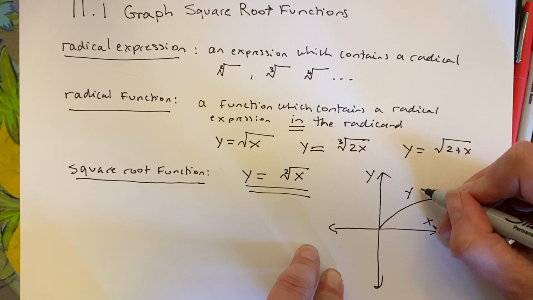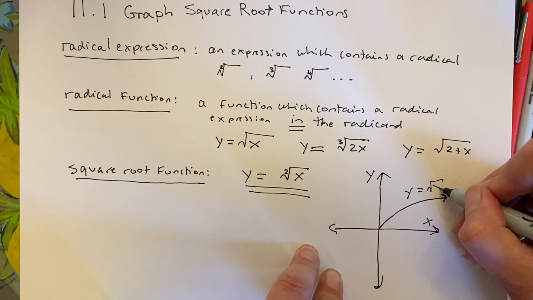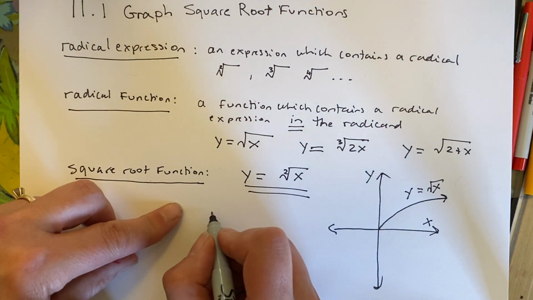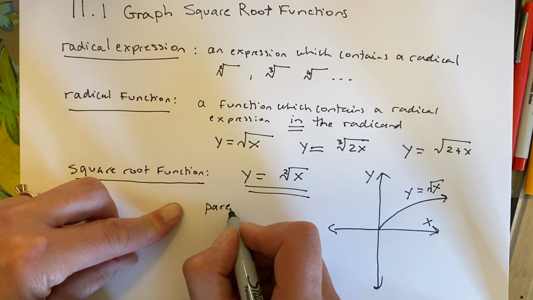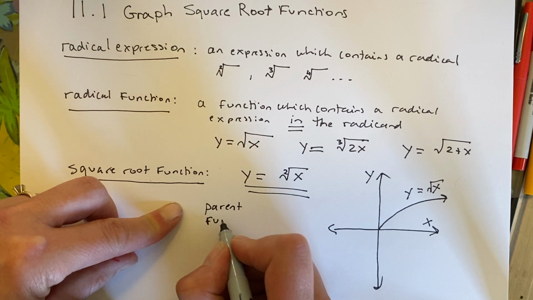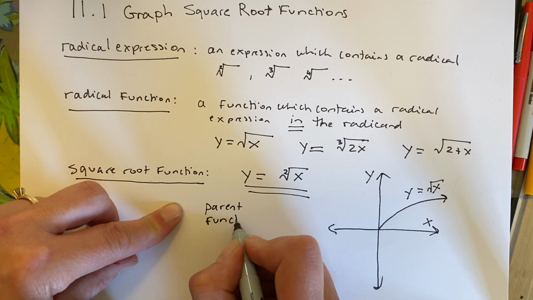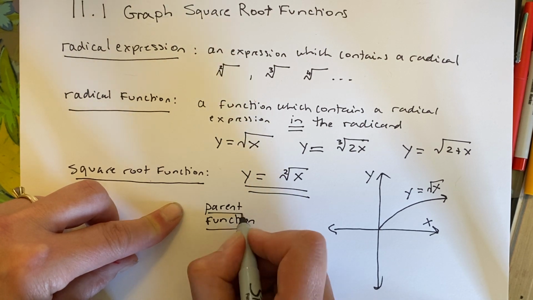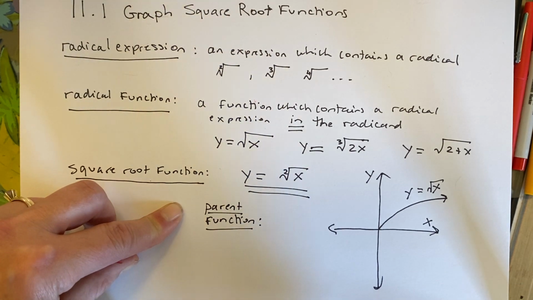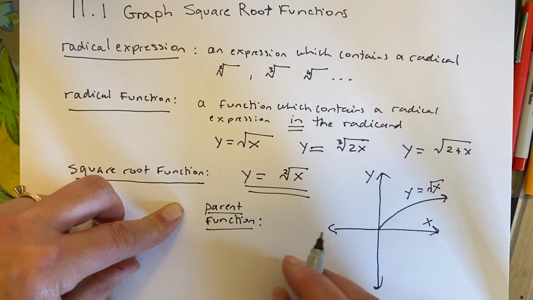A parent square root function looks something like this. This is y equals square root of x. Remember, the parent function is the simplest possible version of the square root function, just like the parent function for the quadratic equation was the simplest possible version of the quadratic.